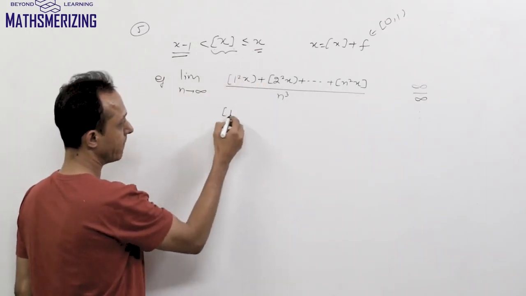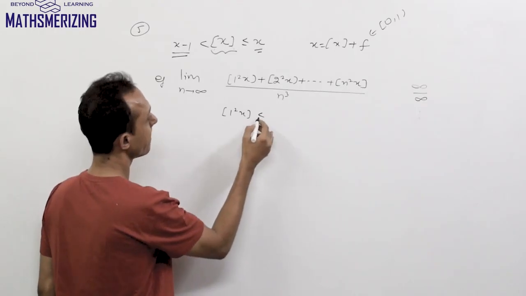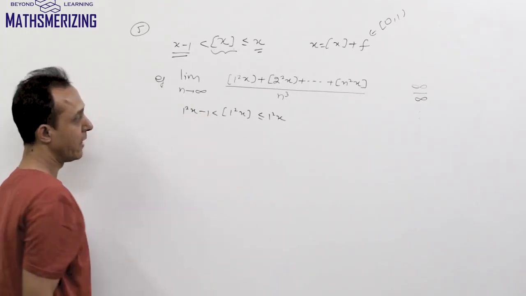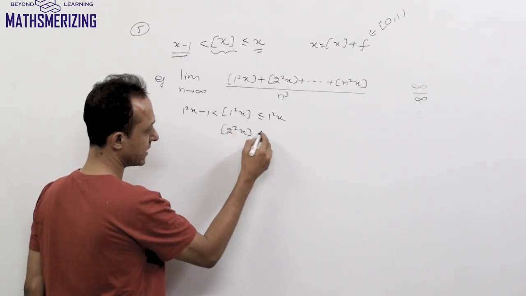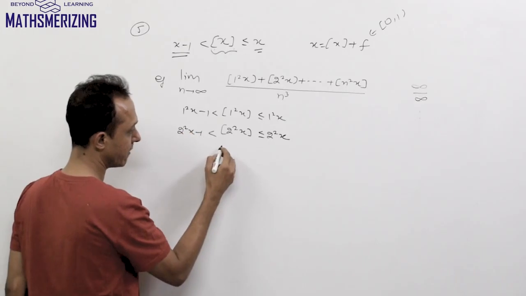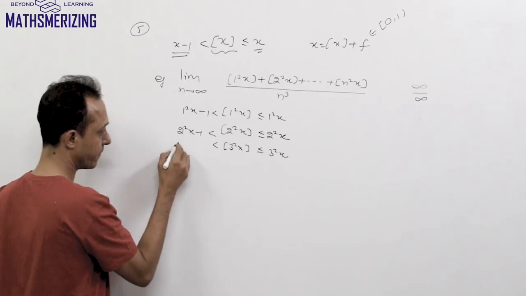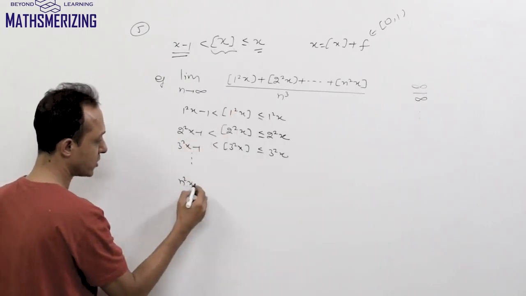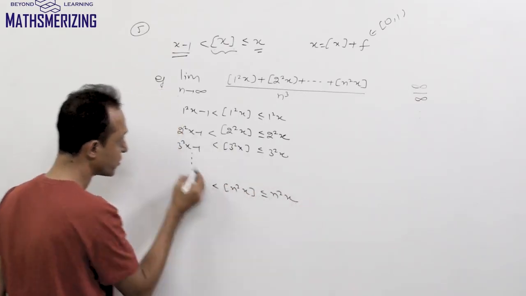So I can write the greatest integer function of 1 square x will lie between 1 square x minus 1 and 1 square x. In the same way, 2 square x will lie between 2 square x minus 1 and 2 square x. 3 square x will lie between 3 square x minus 1 and 3 square x, and this series will continue up to n, that is n square x minus 1 and n square x.